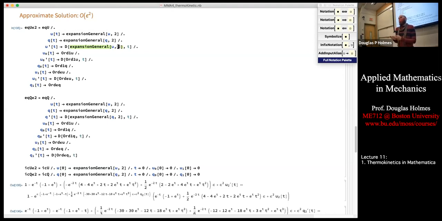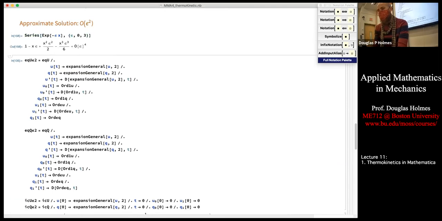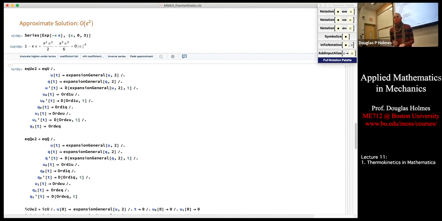So my options are I go to Wikipedia, I go to my multivariate textbook, or I just come here and say series exp of negative epsilon x for epsilon 0 to 3, and I have my series expansion immediately, which is something that I don't remember how to do. And so it's all of those things.